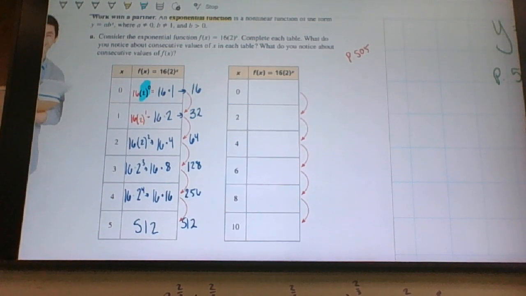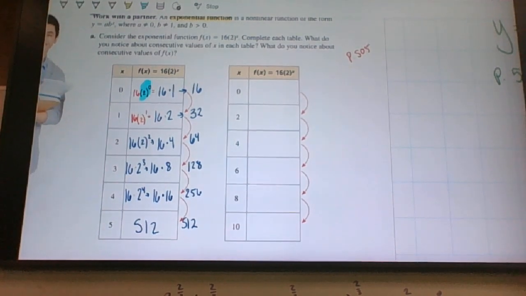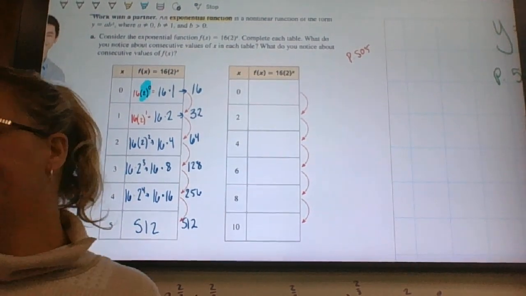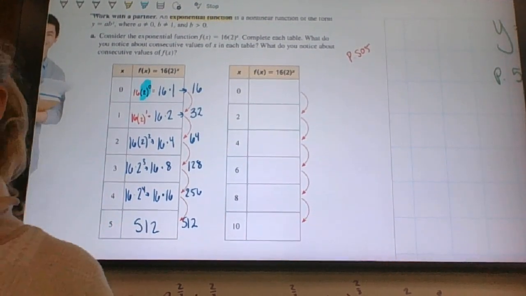It's because you're using that phone calculator. That phone calculator doesn't work. It's 2 to the 5th, which is 32, times 16. 512.